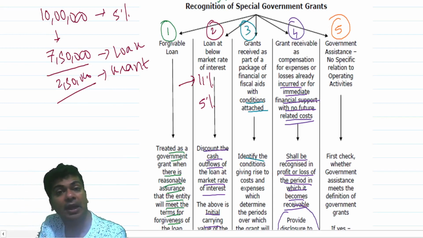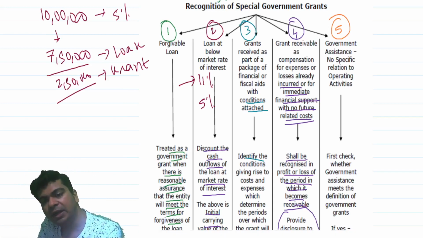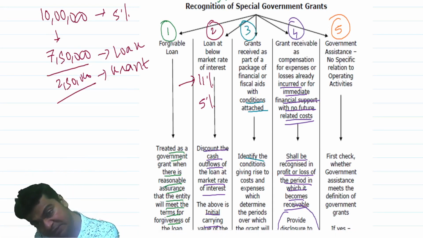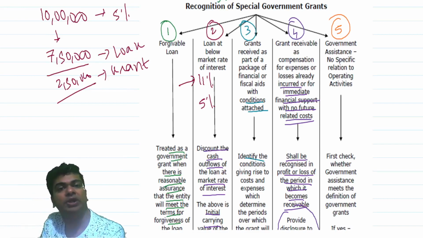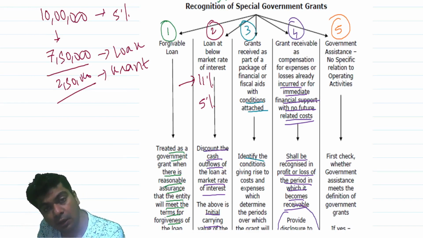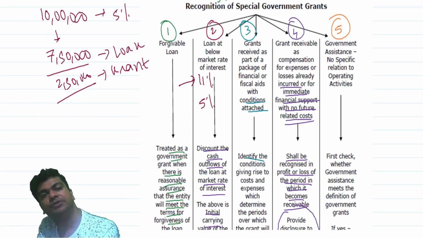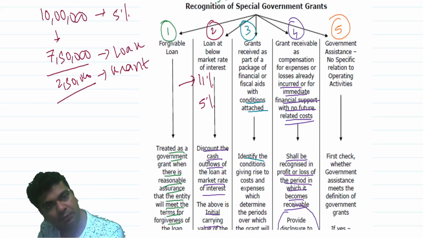And it should be relating to your operating activities. Here I am getting government assistance, but there is no specific relation to the operating activities. Then first you will have to really analyze, is this really becoming a government grant? If yes, then provide a disclosure and also provide the necessary accounting for the same.